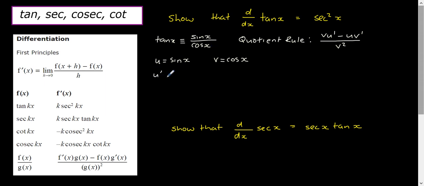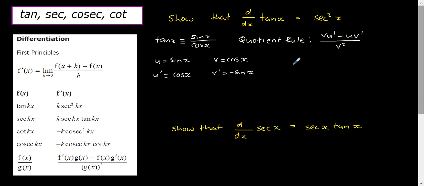We differentiate u with respect to x, and we get cosine x, and we differentiate v with respect to x, and we get minus sine x. Notice you're not given these results in the formula book. These are the ones that you really have to learn and understand. Sine differentiates to cosine, and cosine differentiates to negative sine.